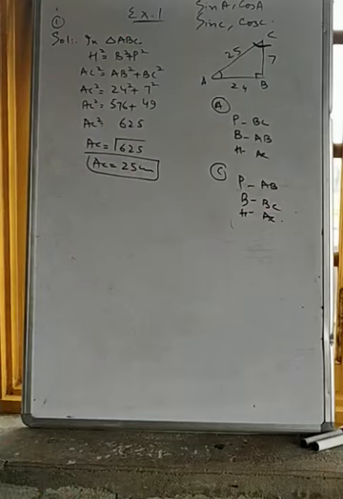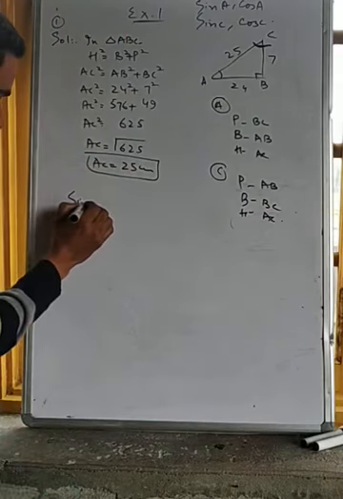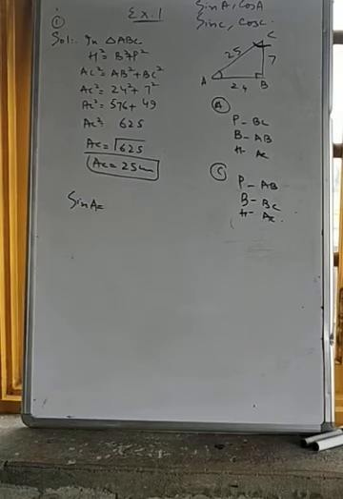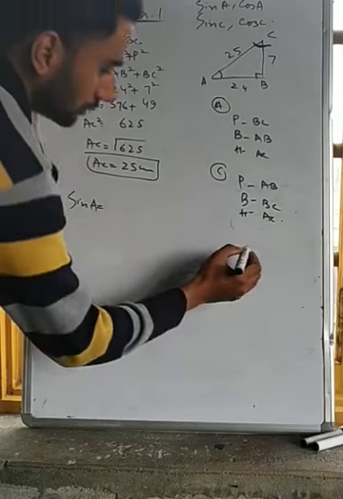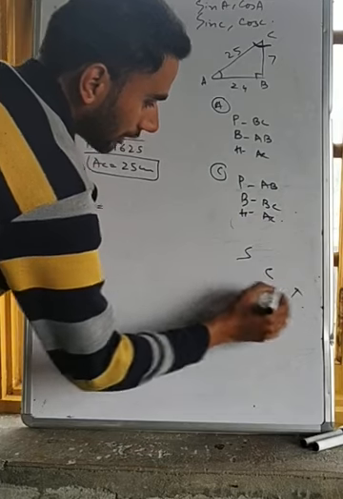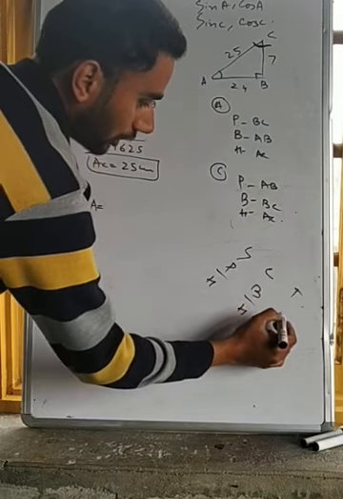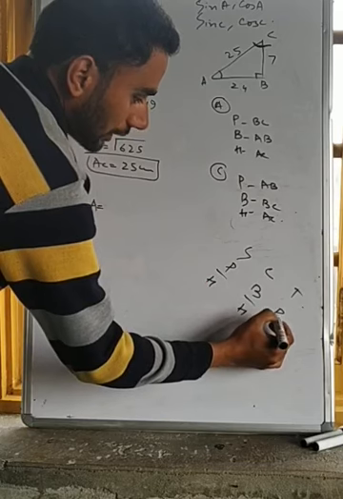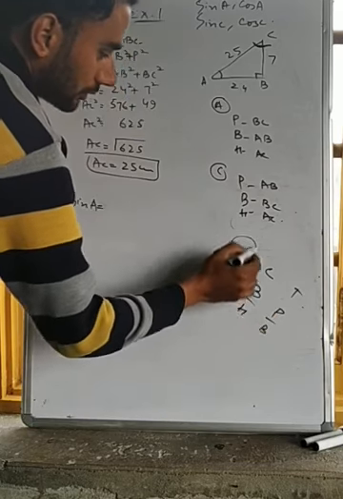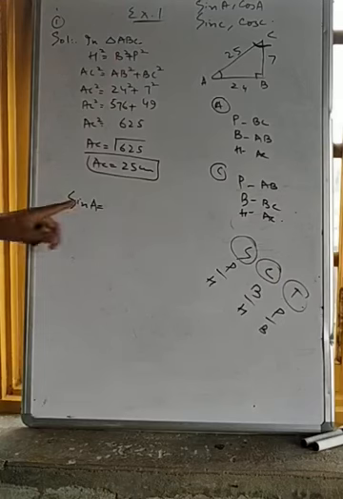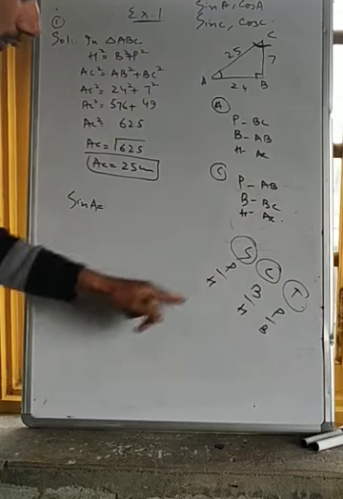Now, let us go to the question. We have to find sine A. If we go through the table of sine, cos and tan: perpendicular divided by hypotenuse, base divided by hypotenuse, perpendicular divided by base. Sine is equal to perpendicular divided by hypotenuse.